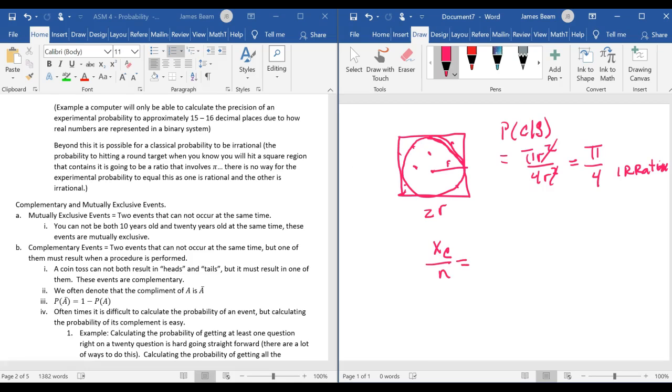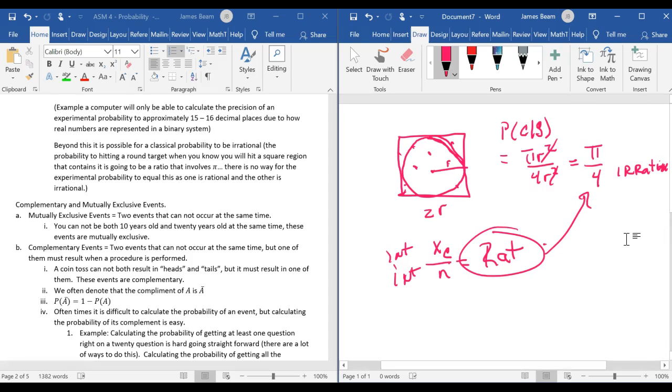That is going to give me an integer over an integer, which is rational, which means that no matter how hard I try, this number will never equal that. To me, that's fascinating, and it's deep in the mathematics there. This shows that the experimental and the classical probability in this case can never actually be equal because they're mutually exclusive sets.